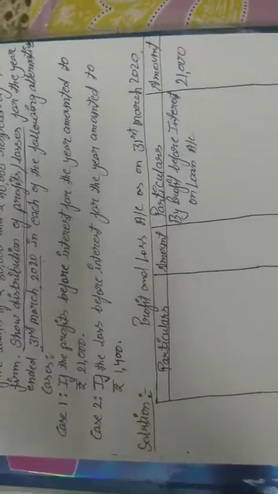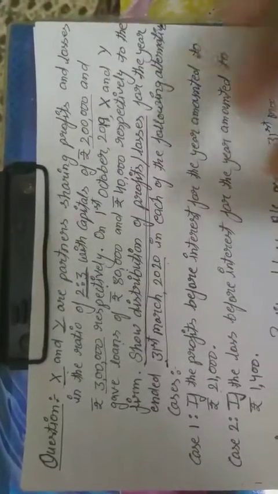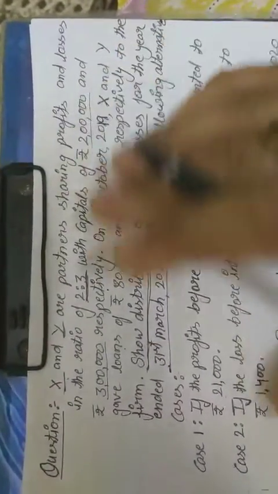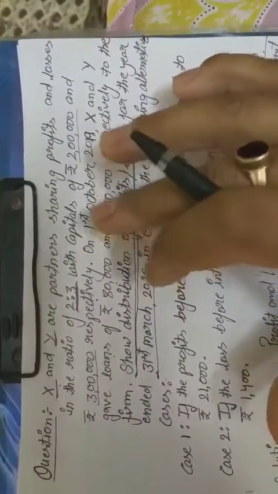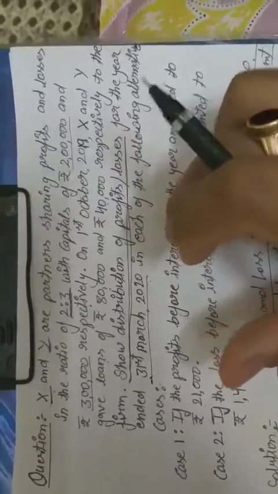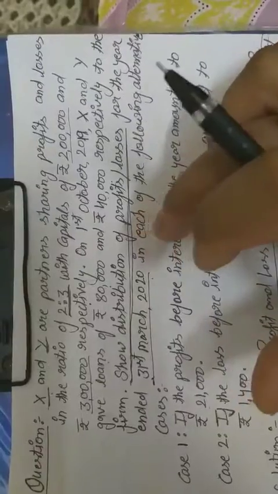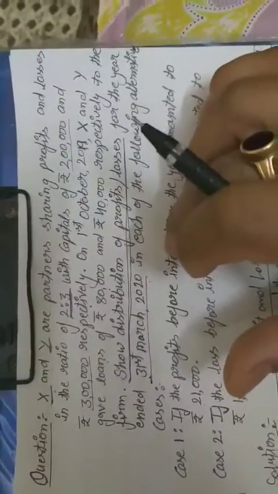Here no rate of interest is given, no partnership deed is mentioned, and no agreement is given in this question. So if there is no agreement among the partners, in that situation the provisions of the partnership act are applied. And what was the provision?